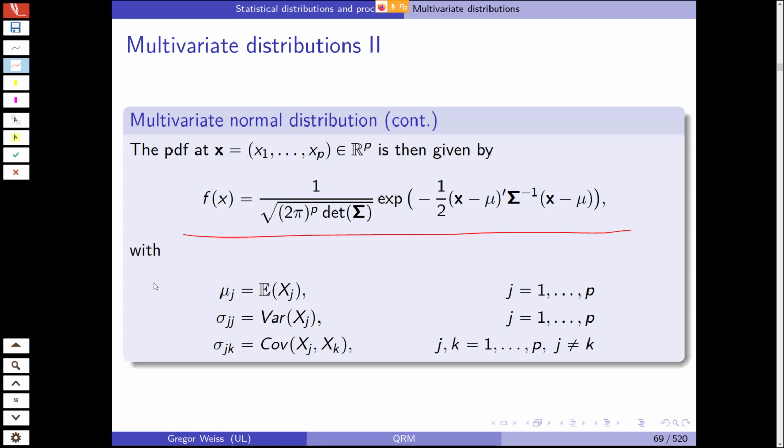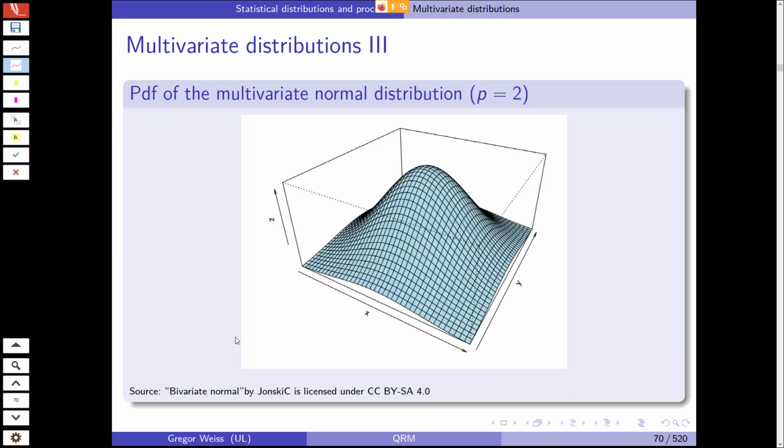Those are the parameters you need. And obviously mu j and sigma jj are the parameters that drive the univariate marginal distributions. And sigma jk are the parameters that drive the dependence structure between those random variables.